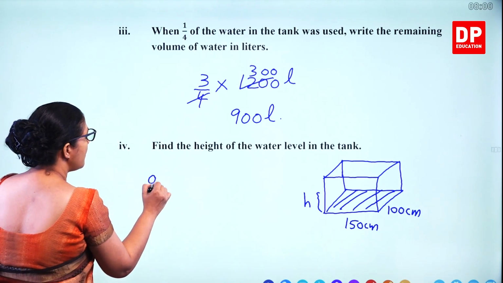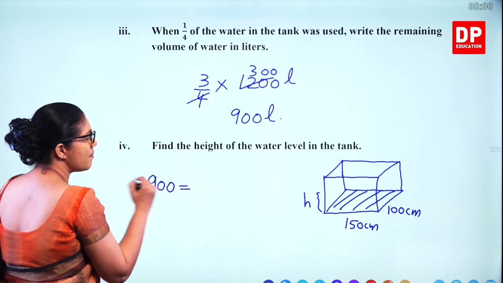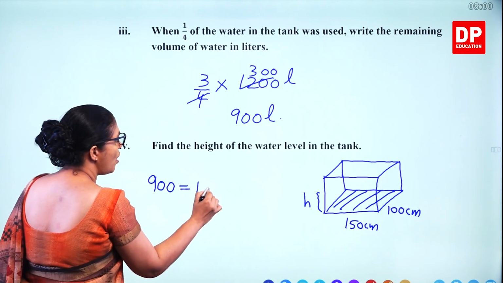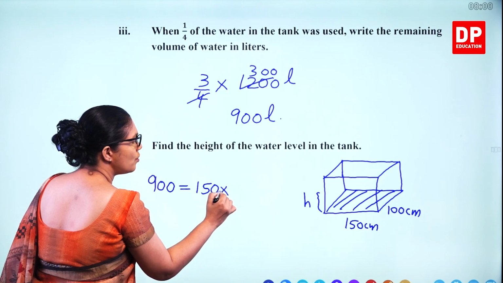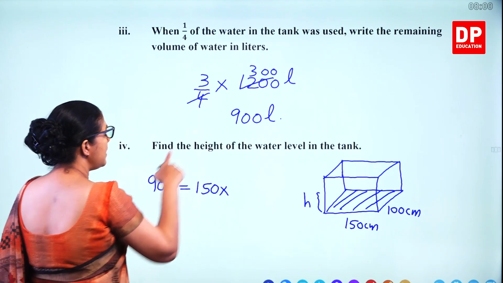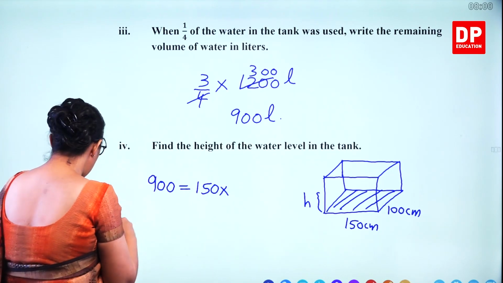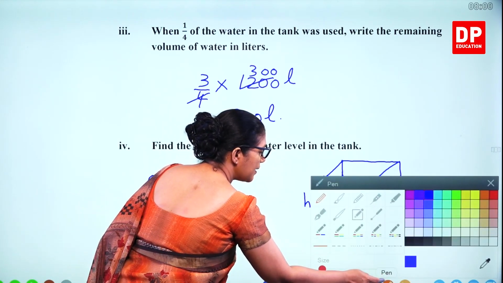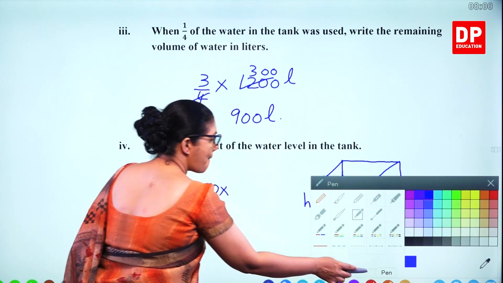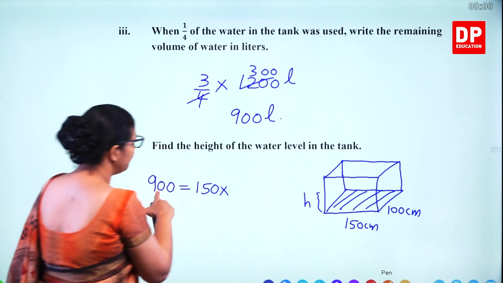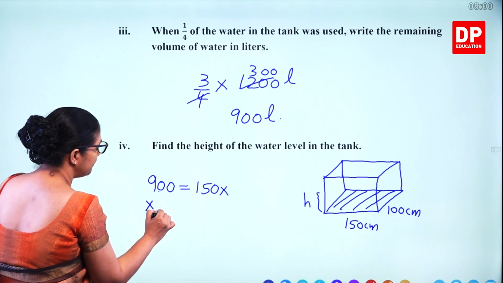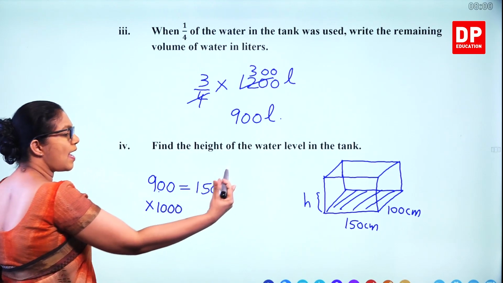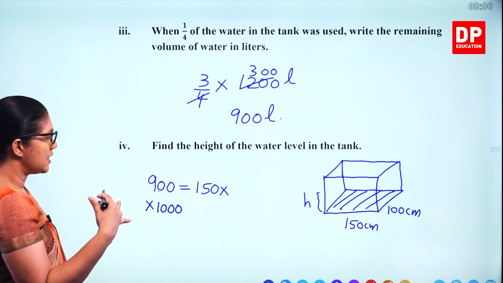So 900 liters is the remaining amount, is equal to 150 into 100 into H. This is in liters, so we have to convert to cubic centimeters again. So we'll multiply this one by 1000 because the other side is in cubic centimeters.